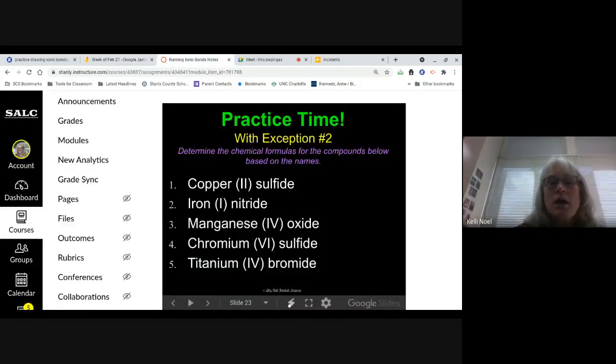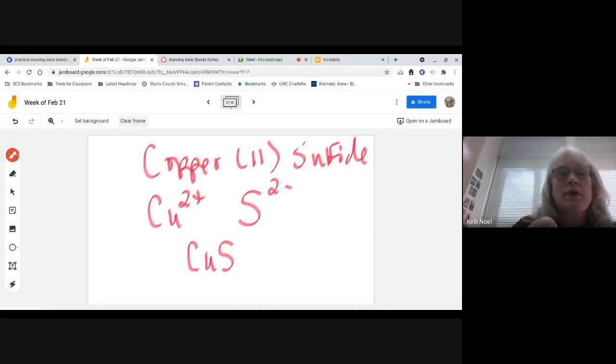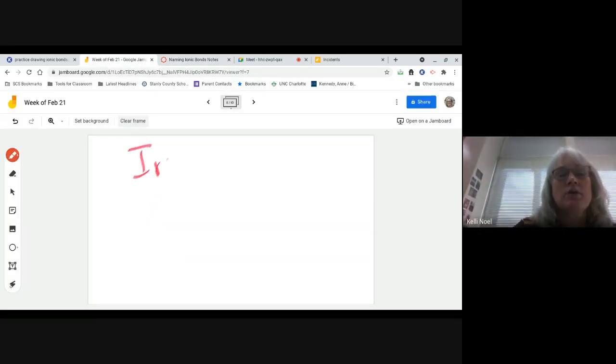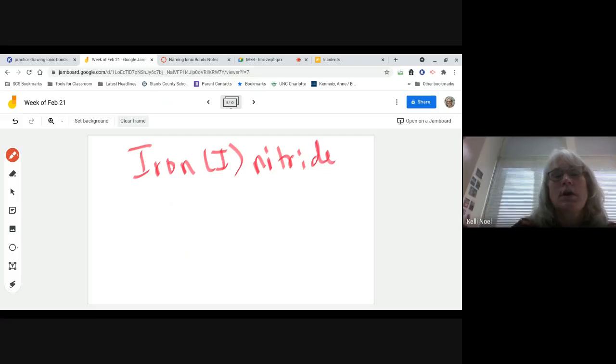All right. Iron 1 nitride. So if I come here and I have iron 1 nitride, Fe plus, nitride is 3 minus, that's nitrogen. That goes here, that goes here, Fe3N.